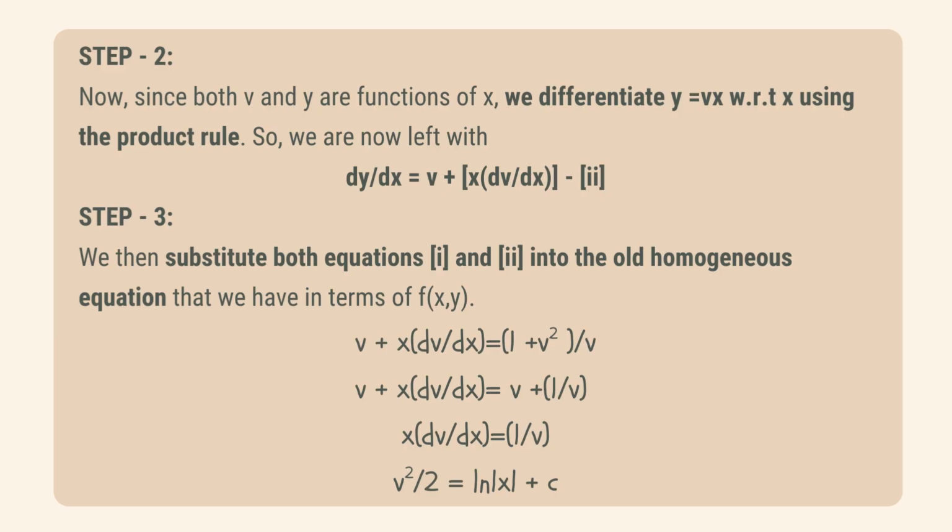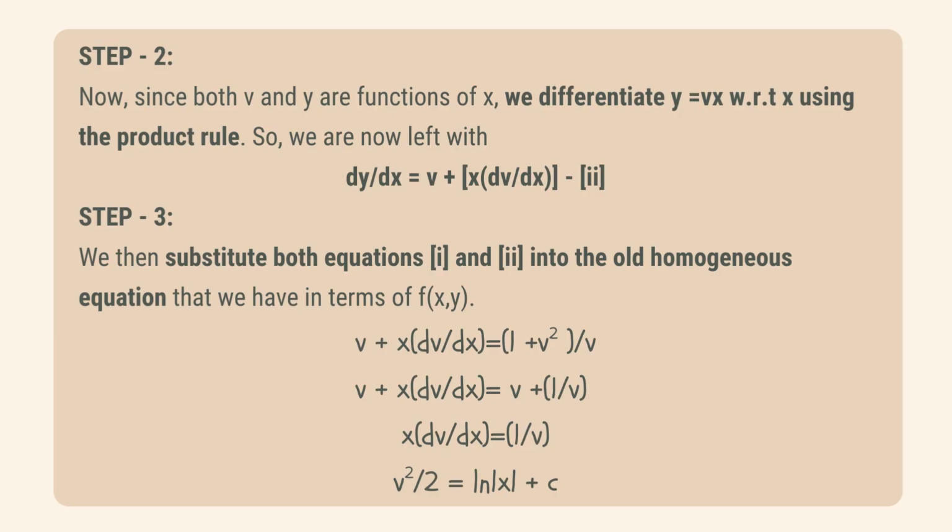Okay, so we can write this equation as v plus x dv by dx is equal to 1 plus v square by v. After simplifying, v plus x dv by dx is equal to v plus 1 by v. After separating both the variables, we can write it as x dv by dx is equal to 1 by v.